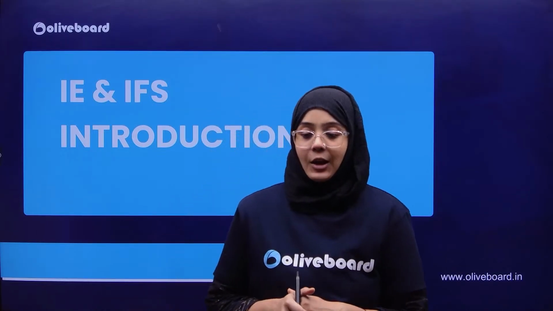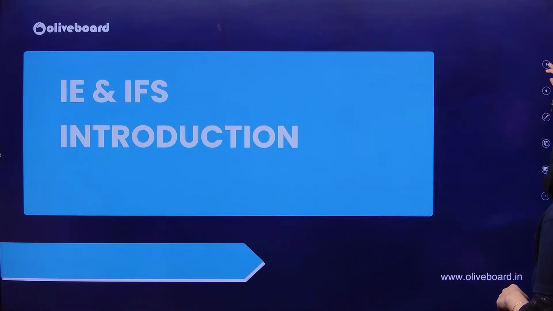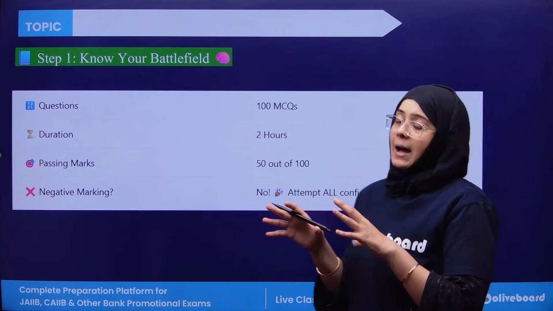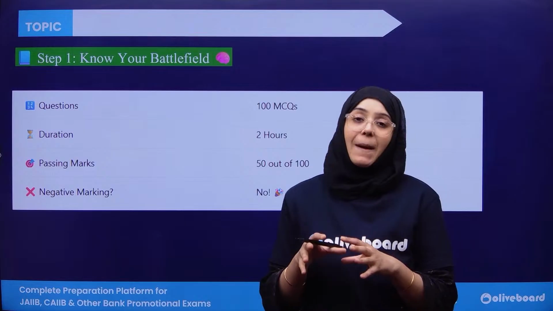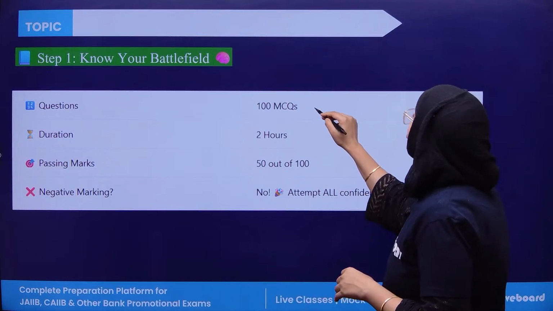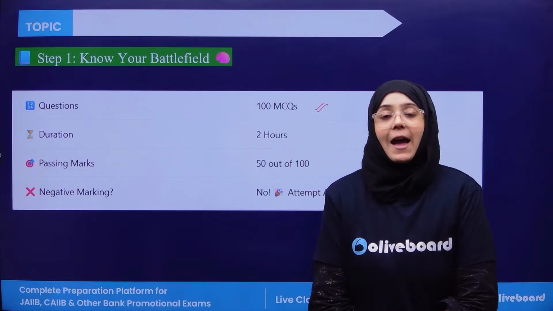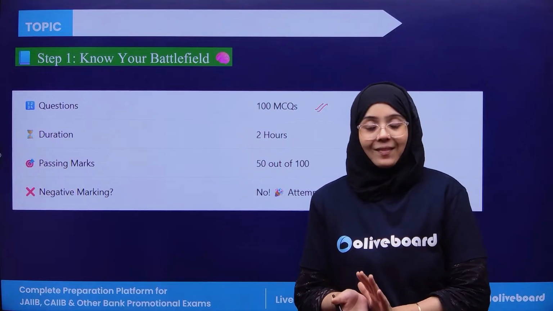Okay, Bhavika. So first of all, the basic information: what is the pattern of your examination, i.e. IFS? You all know that we have usually 100 MCQs. Why am I saying usually 100 MCQs? Because this can be more or less than 100.